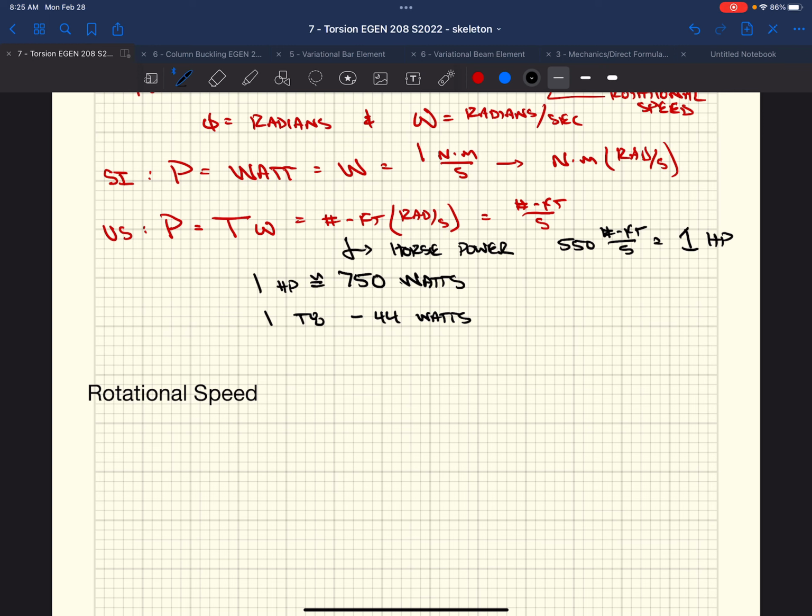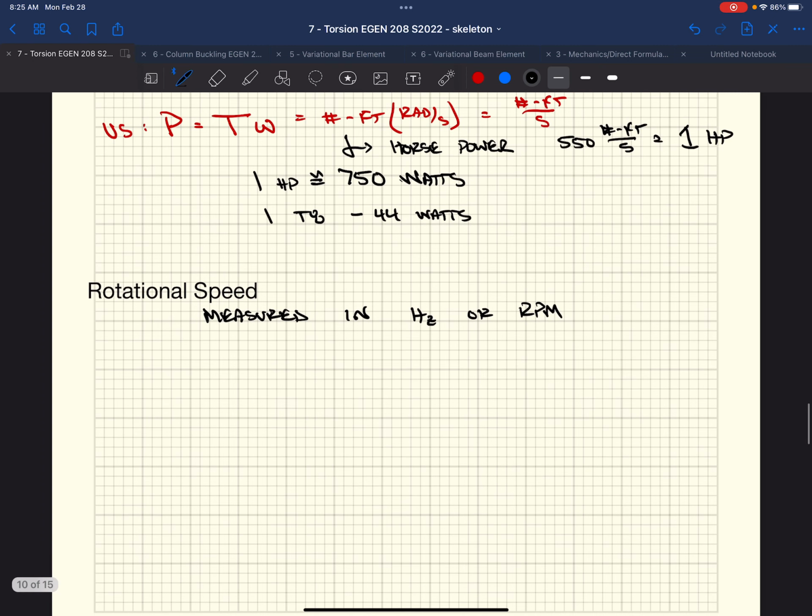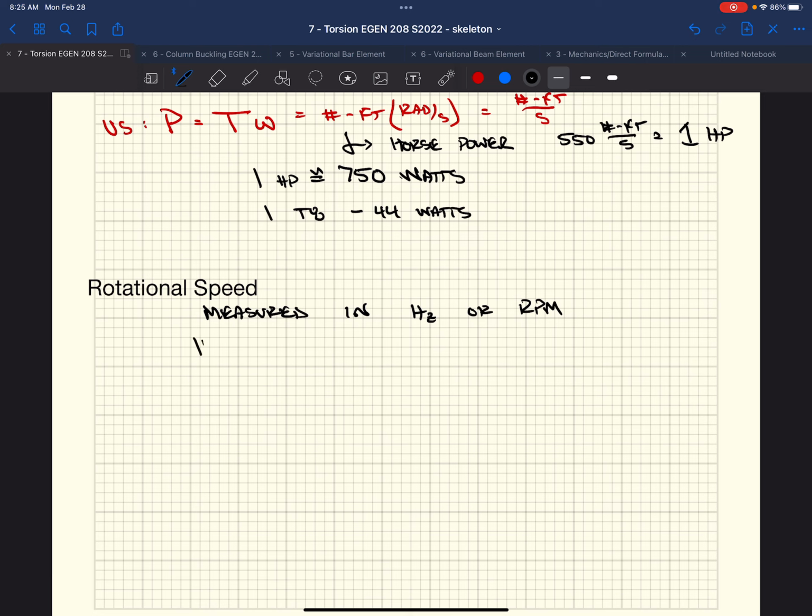So we have rotational speed measured in either hertz or RPM, right? Hertz is a rotation per second, right?